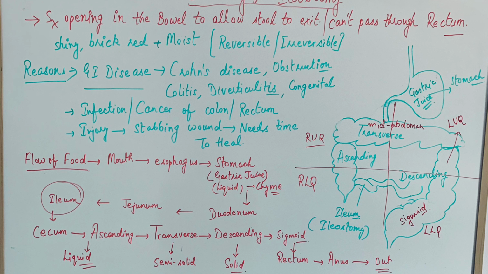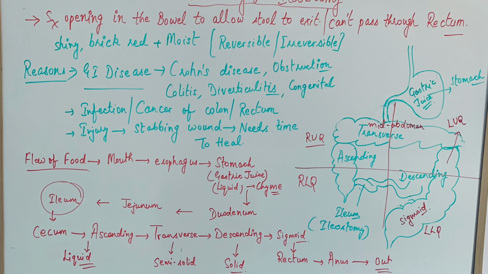With gastric juice, churning takes place inside the stomach, and after churning the liquid which is formed is called chyme. It is acidic in nature. After the stomach the food is passed to the small intestine through the duodenum, the first part of the small intestine. Through the duodenum it goes to the jejunum, and after the jejunum it goes to the ileum. The ileum is the part of the small intestine where we do ileostomy.